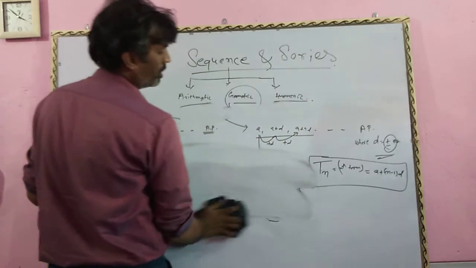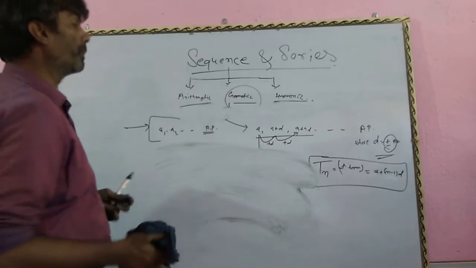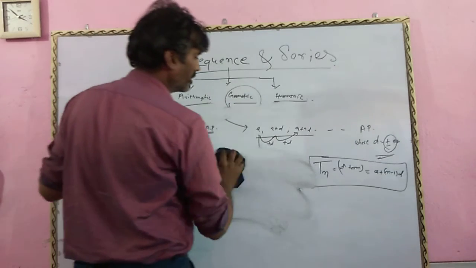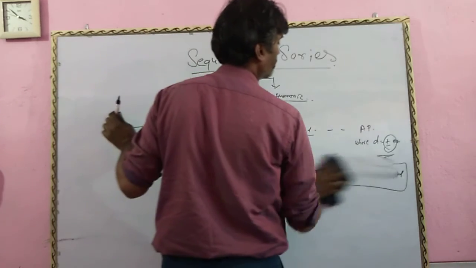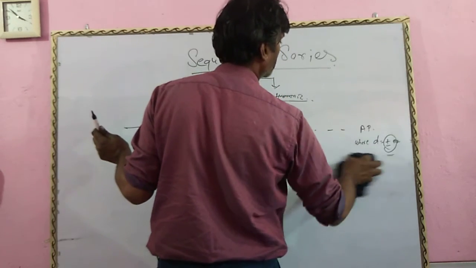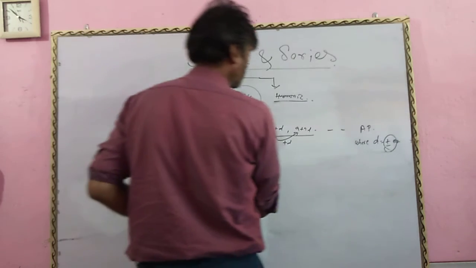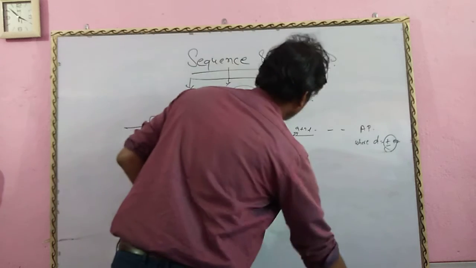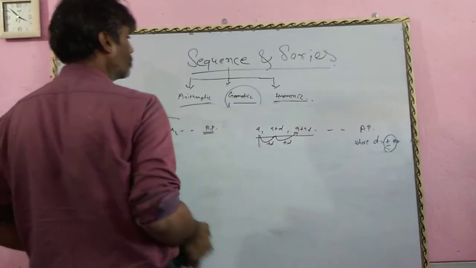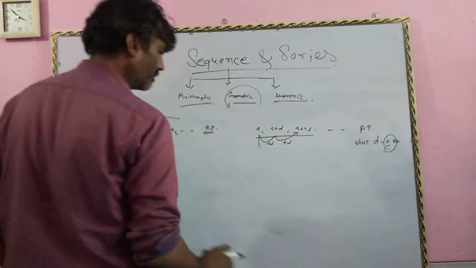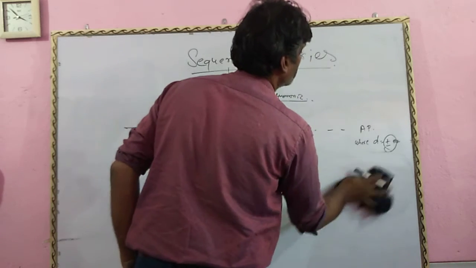Now, what should we find out? The nth term is done. Now suppose there is an arithmetic progression, A1, A2, and so on. There is some arithmetic progression given to you, and now you are going to add all the n terms.